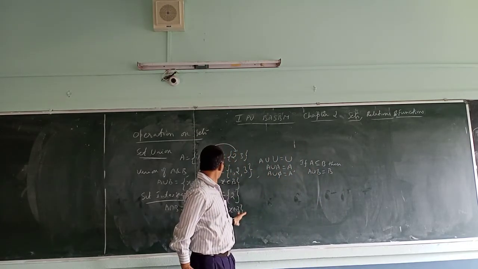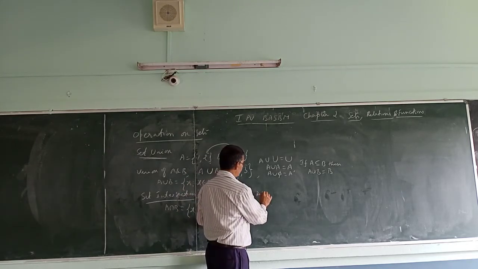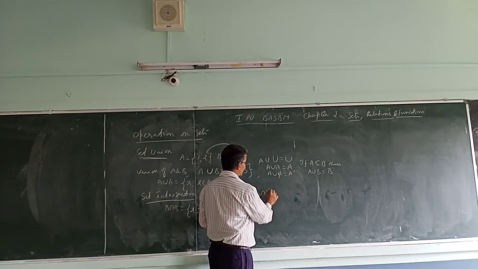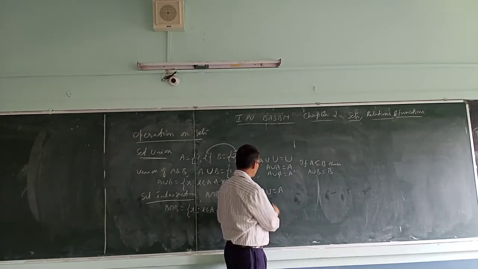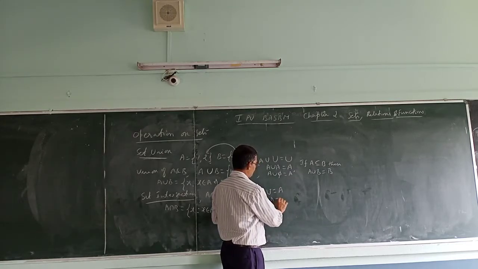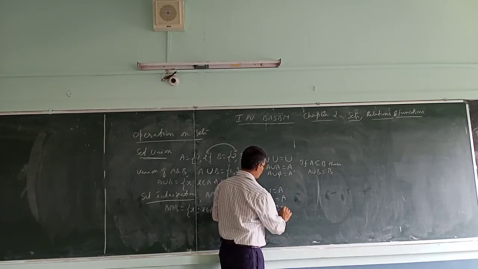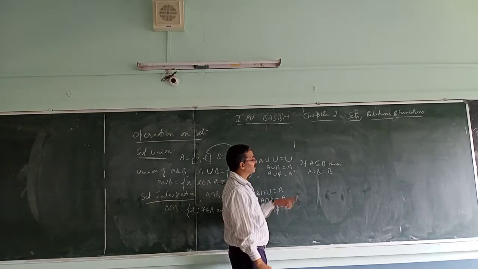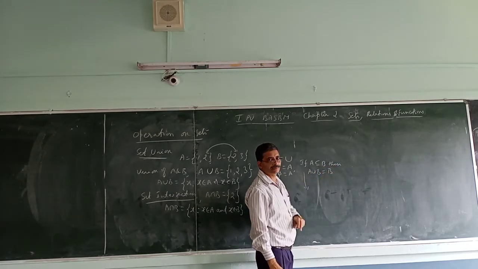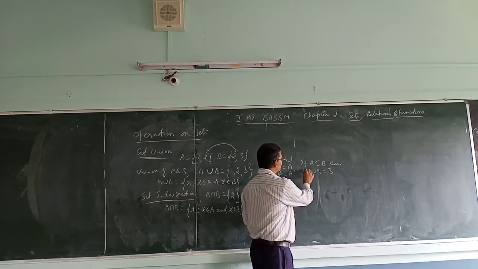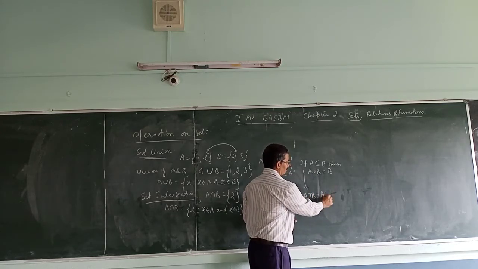In the same way, we have some rules regarding intersection: A intersection universal set U equals A; A intersection A is A; A intersection null set equals null set; and further, if A is a subset of B, then A intersection B equals A.